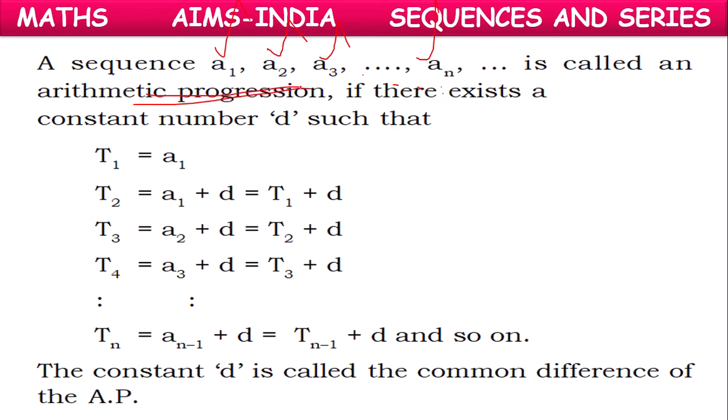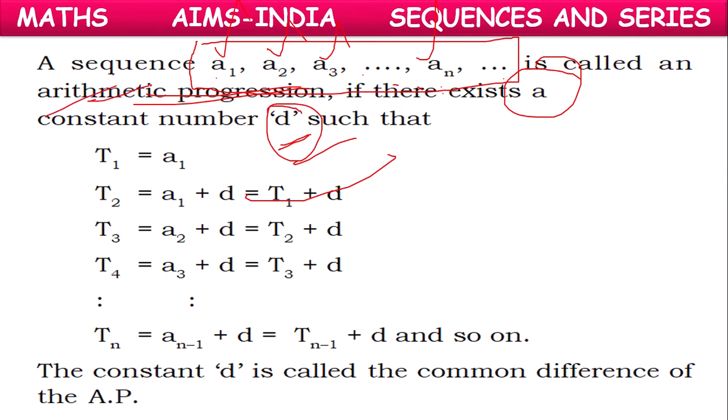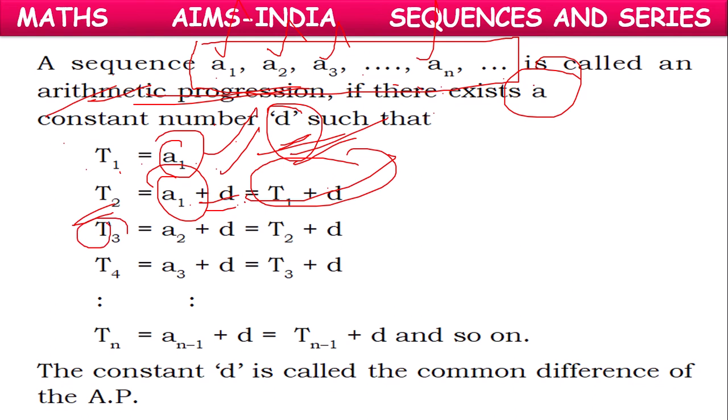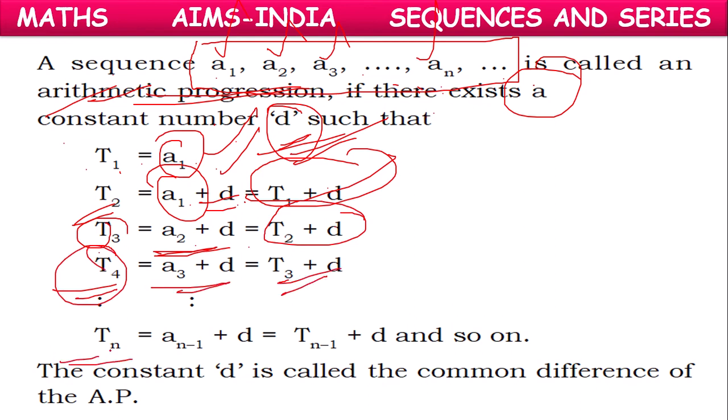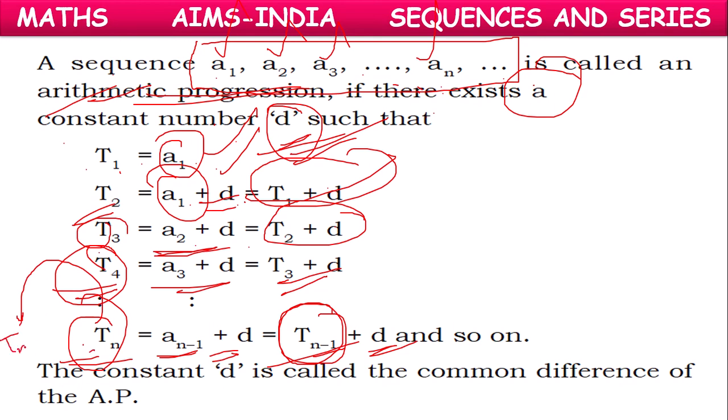This is called an arithmetic progression if there exists a constant number d such that t1 equals a1, the second term is the first term plus d, a1 plus d, the third term is the second term plus d, t2 plus d, the fourth term is a3 plus d, t3 plus d, and the nth term tn is a(n minus 1) plus d, t(n minus 1) plus d, where t(n minus 1) is the preceding term of tn.